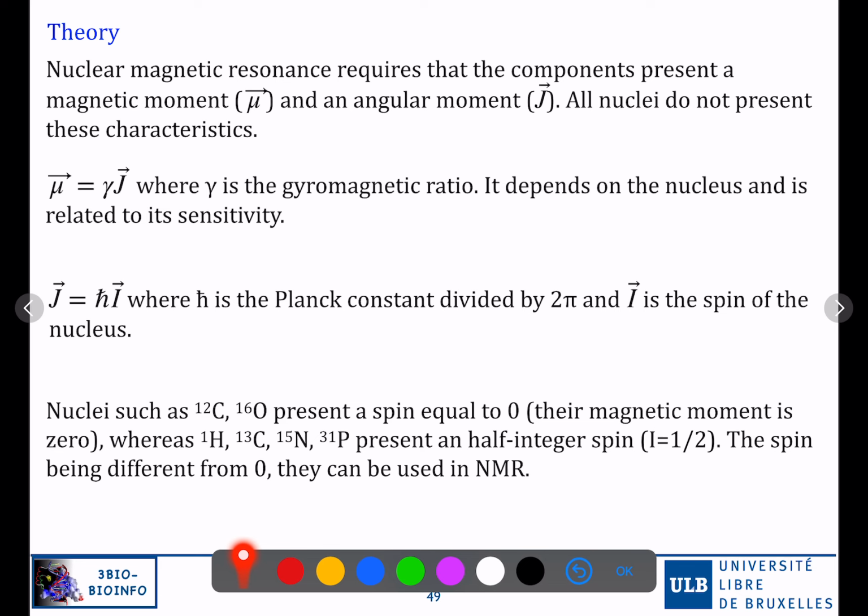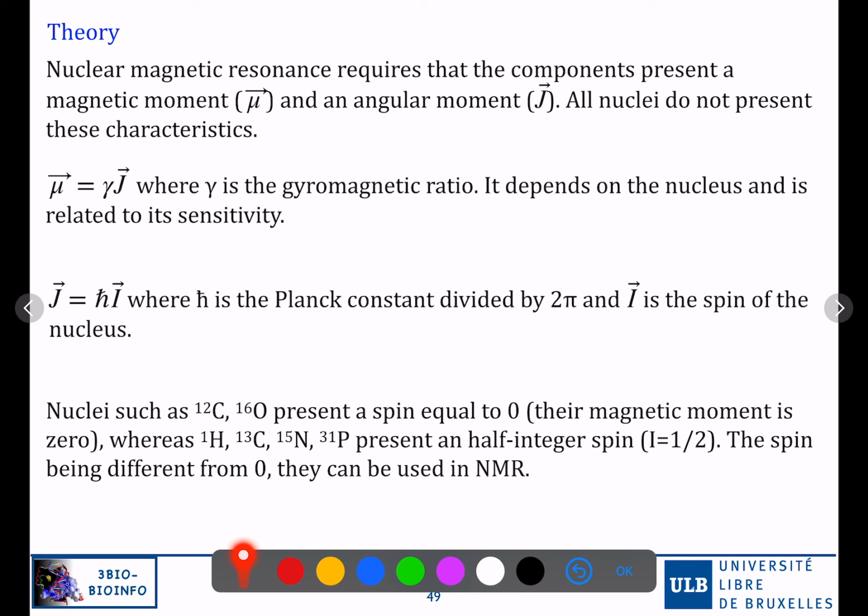What is important to understand is that to do nuclear magnetic resonance, you absolutely need a magnetic moment mu that is different from zero. So you need that in your sample you have atoms with nuclei that have a spin that is different from zero.